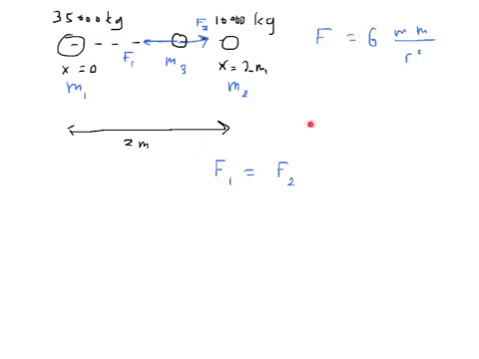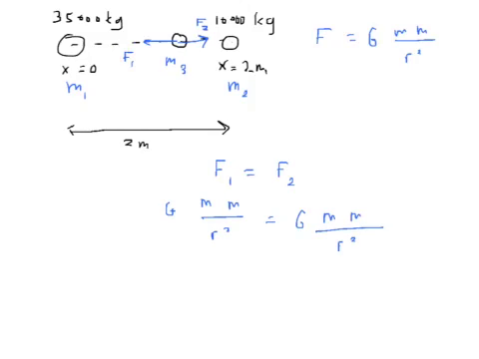So they're equal in magnitude, which means we could plug in on the left side Newton's equation, and then on the right side for F2 we could plug in Newton's equation. So let's see what that does. On the left side I plug in G M over R squared, and on the right side I plug in G M over R squared, and on the left this is for force 1 that I've plugged in, F1.